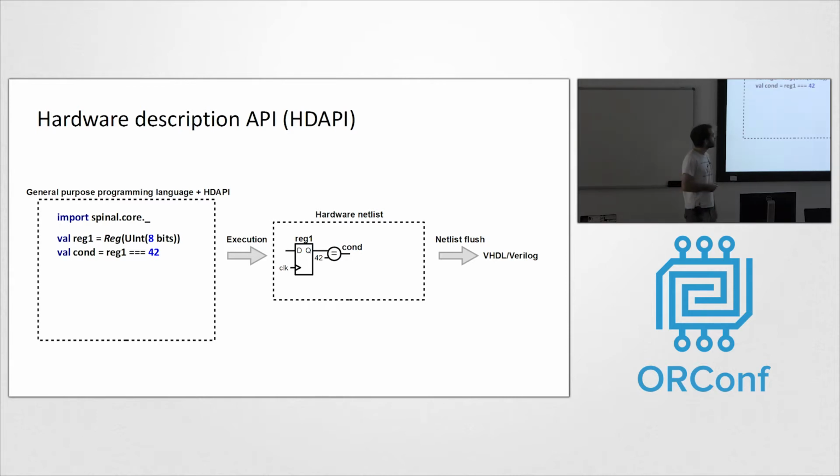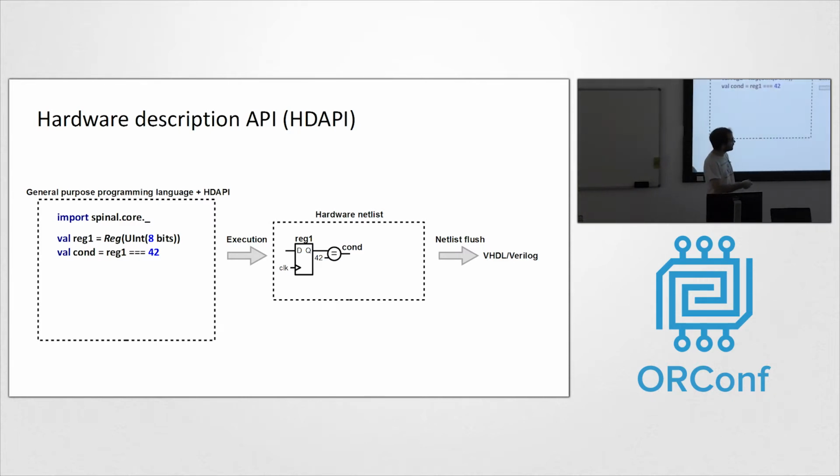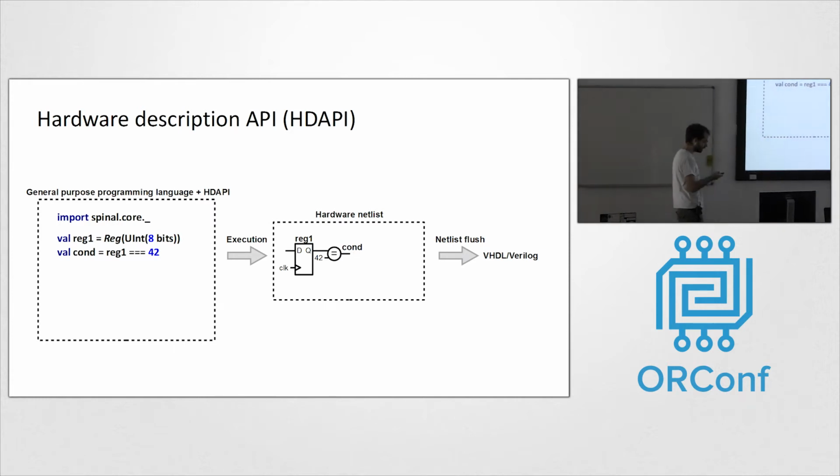And there is a signal named cond, and when reg1 is equal to 42, then it has to be true. When you execute this Scala code, behind the scenes it will push an equivalent netlist into the computer memory. Then it will flush it into VHDL and Verilog for synthesis, for simulations, or whatever you want.